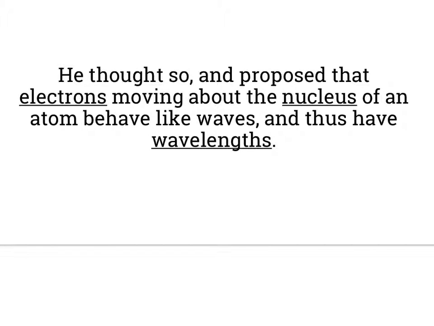He thought so, and he proposed that electrons, at least, moving about the nucleus of an atom, behave like waves. They at least have wave-like properties, and thus they even have wavelengths, which is just weird to think about. But he ended up being right.